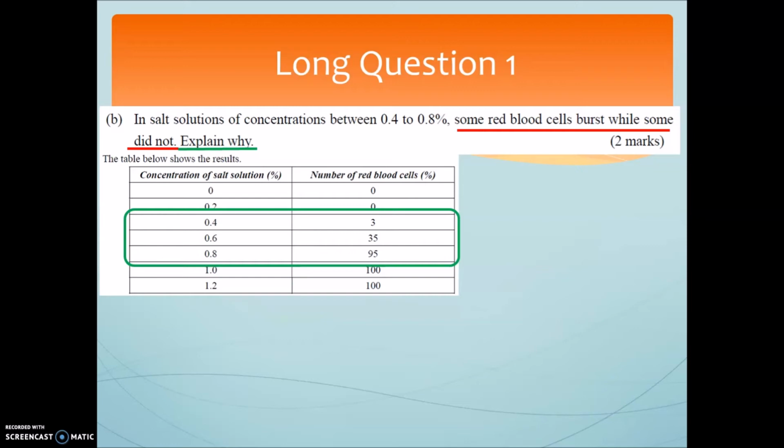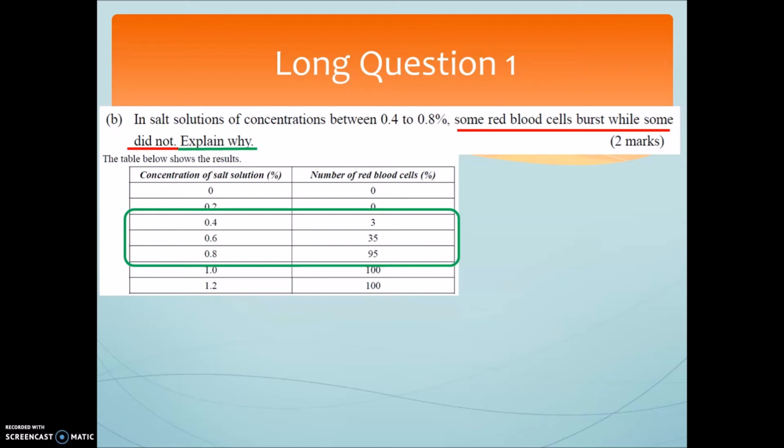But why? Okay, it shows that in the question, some of them burst, some of them did not. So what is the reason behind it? The reason is actually extremely easy, because in terms of water potential, we follow the logic of 3 steps.